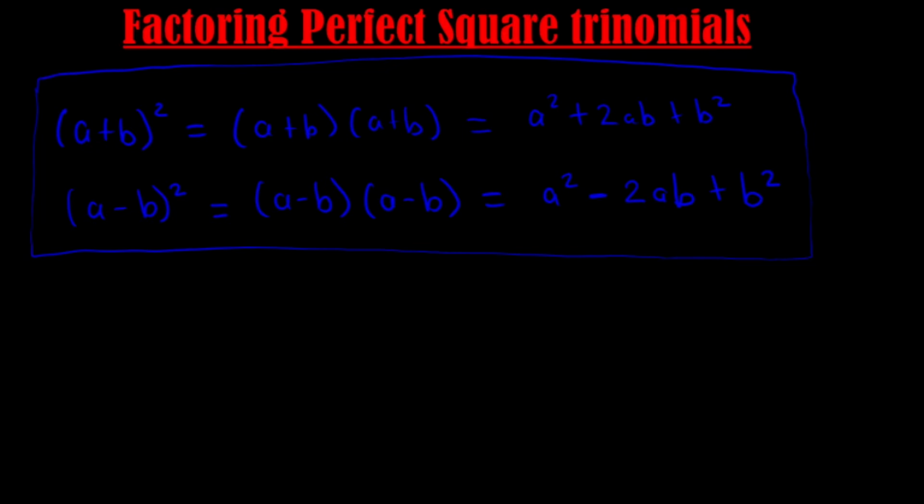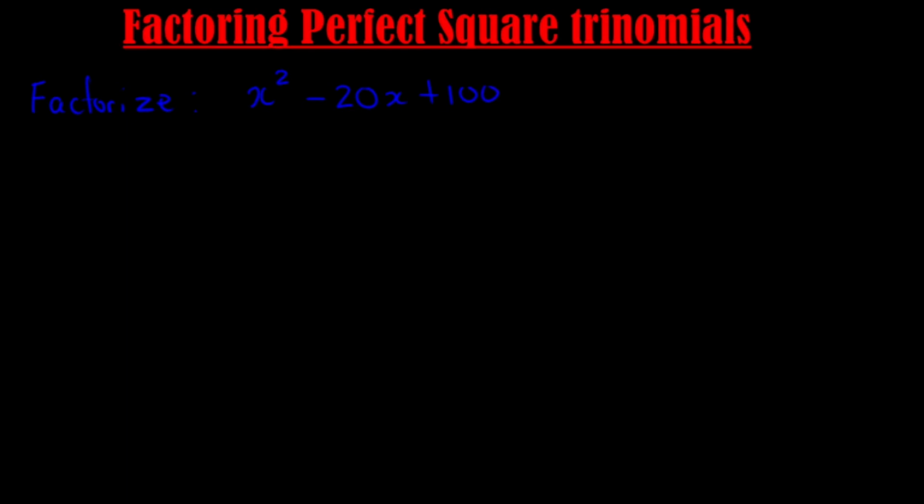If we were given these trinomials, we could write them in the form of the binomial squared. These are the formulas we will use to make factoring perfect squares much easier.